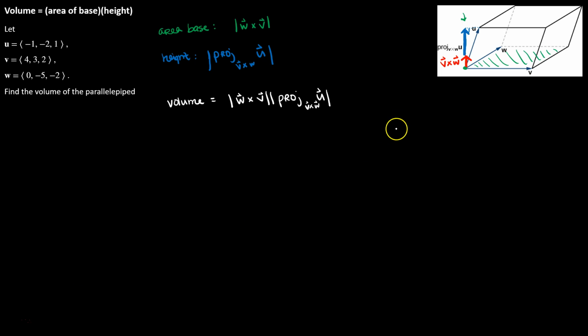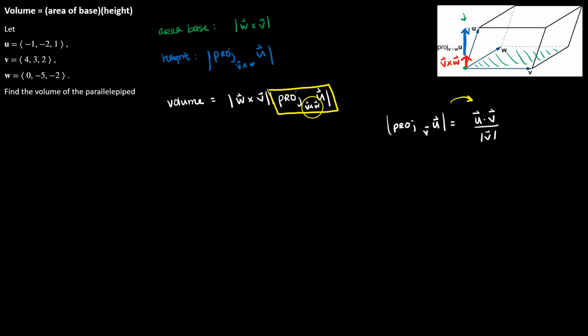Let's remind ourselves that if we're doing the projection of u onto v, for example, and we only want the magnitude of that, then we can simply calculate that by doing the dot product between u and v, and then dividing by one factor of the magnitude of v. So let's go ahead and make that substitution first. Replace the projection magnitude here using the formula that we've seen before.